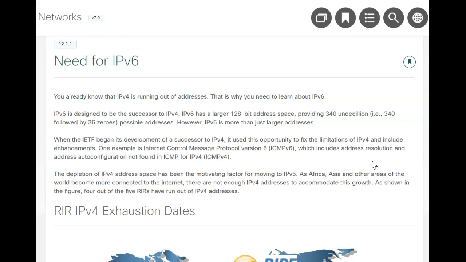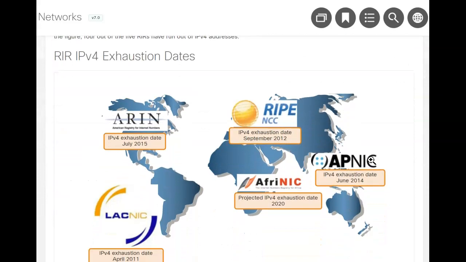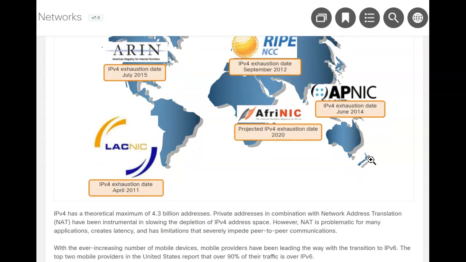But when it started to look at the successor, we needed to look at a lot of different areas here. So it gives you a rough idea when things expire. Well, okay, it looks like North America it was 2015, but you can tell in Europe it was 2012. Africa was 2020, they're projected. Latin America was 2011. So worldwide, IPv4 addresses are running out of space.